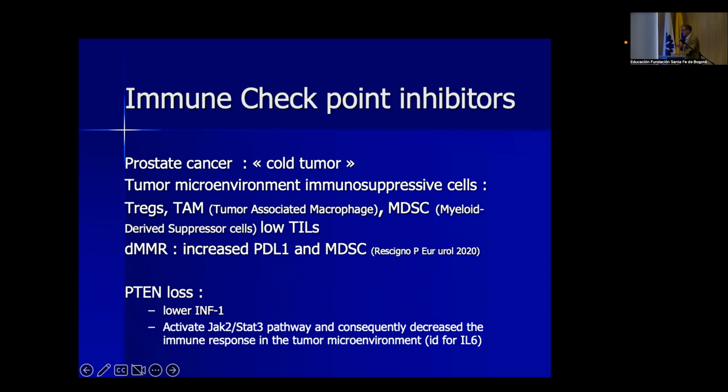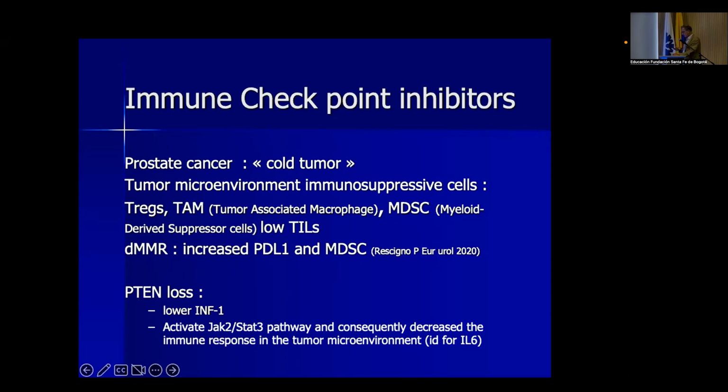Concerning the immune checkpoint inhibitors that we talked about earlier, prostate cancer is a cold tumor. When you look at prostate cancer under a microscope, you see barely any immune cells, because the microenvironment of the cancer is poor in lymphocytes and rich in cells that negatively modulate the immune response.